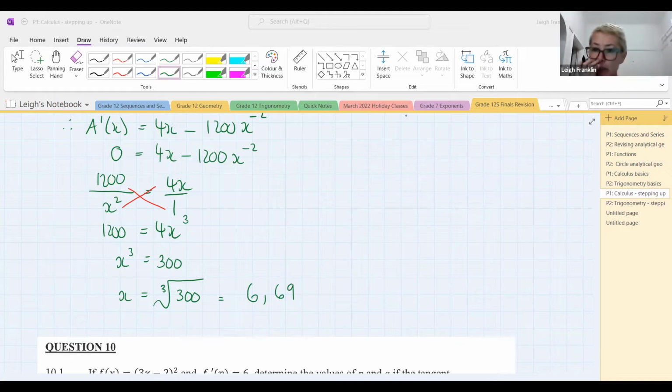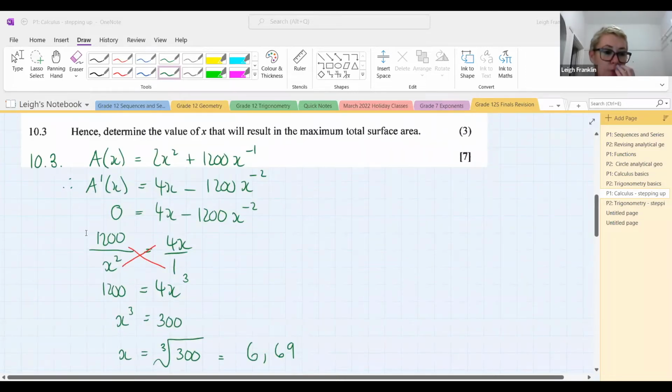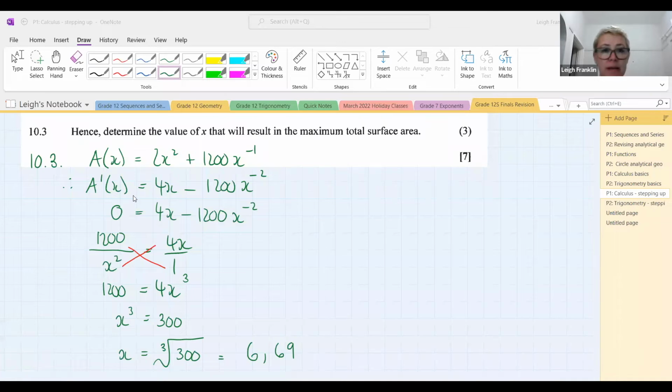Is that making sense to everyone? Would you have thought to take the 1,200 over to the other side and then put the x squared in the denominator? I don't think there is another way of doing it.